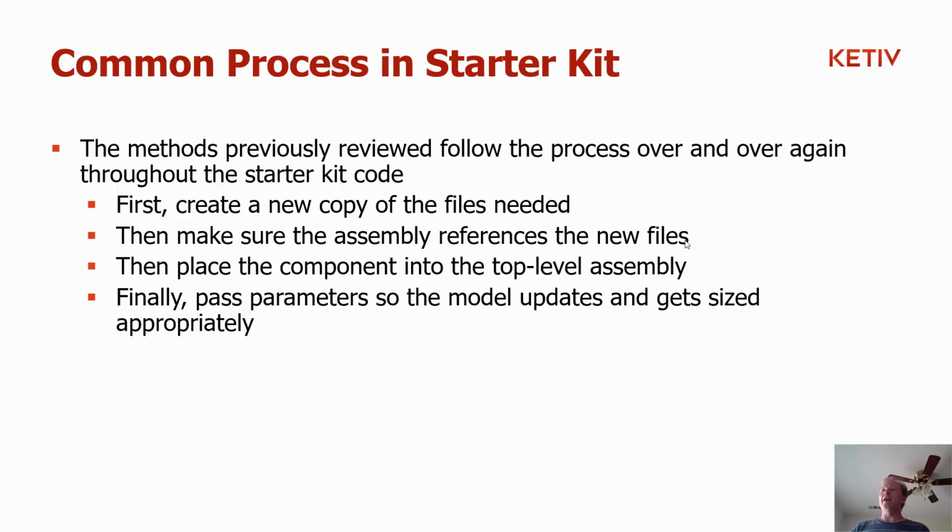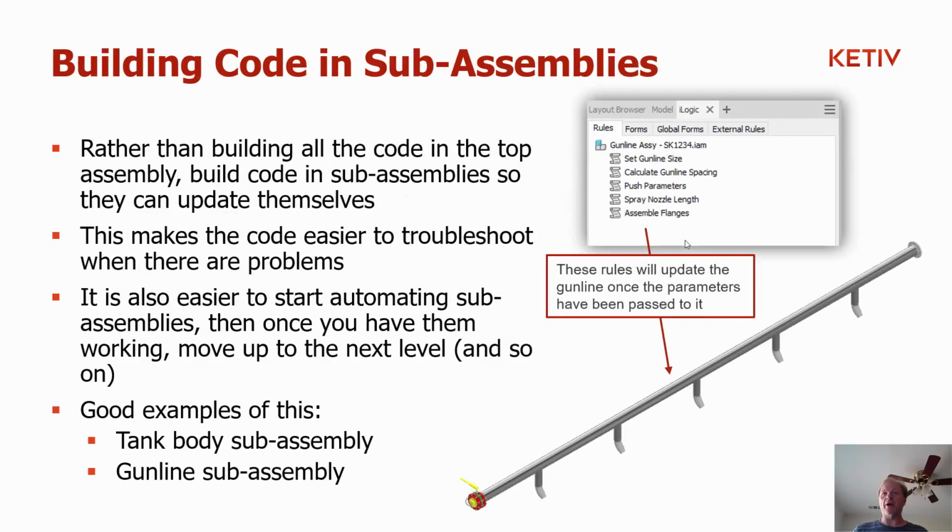Then we place the component in the top level assembly. So now we've created new copies, we've set it up properly. Now we bring it into our top level assembly. And then finally we pass the parameters to it so that it can update itself and it can be the right size that we need. And you'll see that when we actually get into the demonstration part of our presentation.